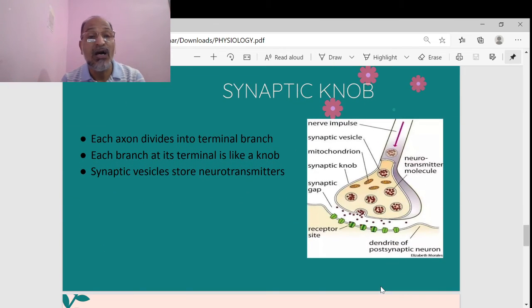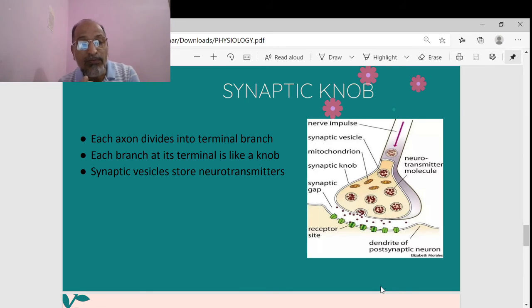Then each axon at the end divides into many terminal branches, and at their distal-most end they turn into a knob-like structure, which is called the synaptic knob.